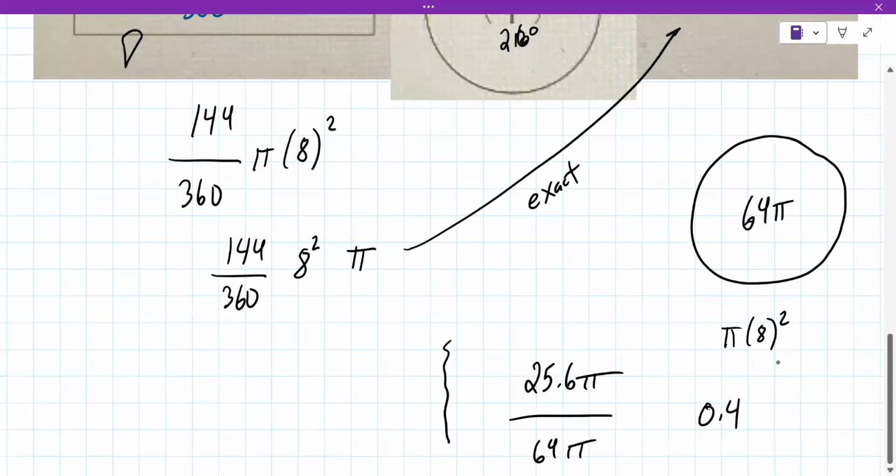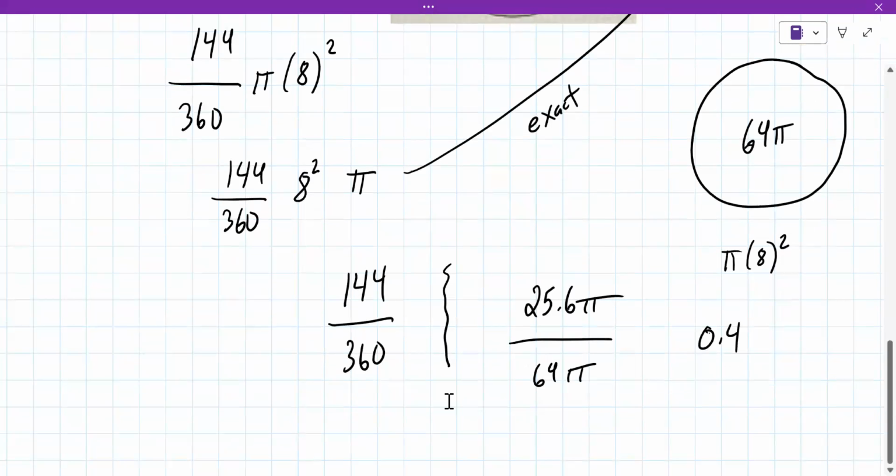Now can you do 144 divided by 360? 144 divided by 360. I got 0.4. Same thing, right?